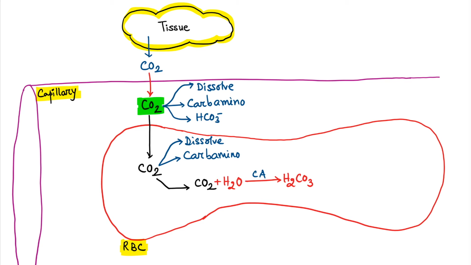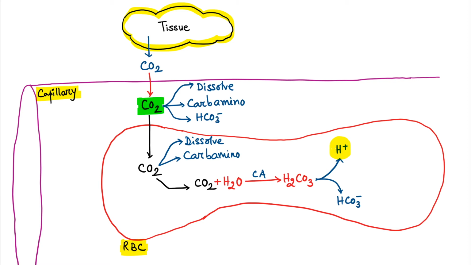Now this carbonic acid will divide into H plus ion and bicarbonate ions. This H plus ion will be accepted by the hemoglobin. I'm coming to this point a little later.